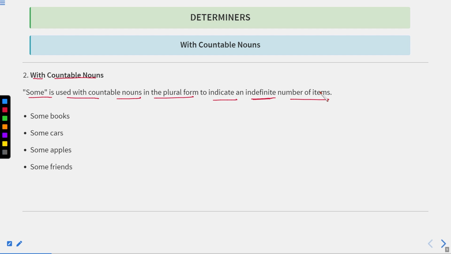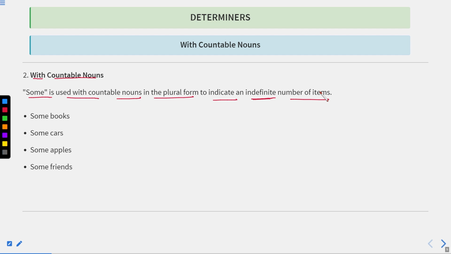Whereas indefinite numbers are those numbers which are basically used with countable nouns, but you don't know the exact quantity of that particular thing which you are referring to. For example, if I say many people, can you exactly tell me how many people I'm talking about? No. But if I say 500 people, yes, of course, I have exact data that there are 500 people.